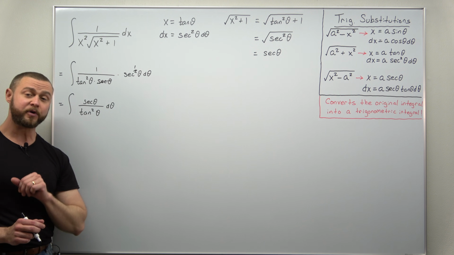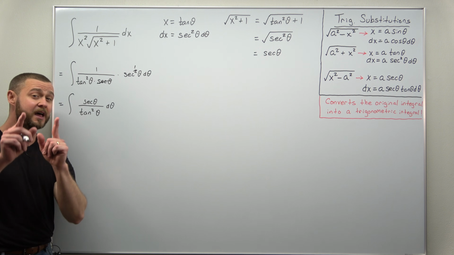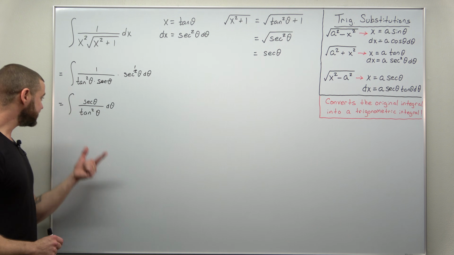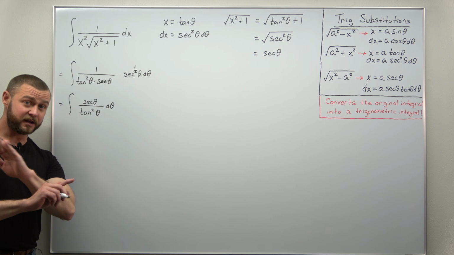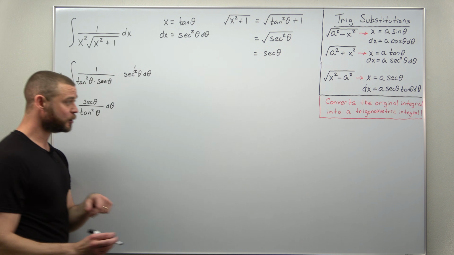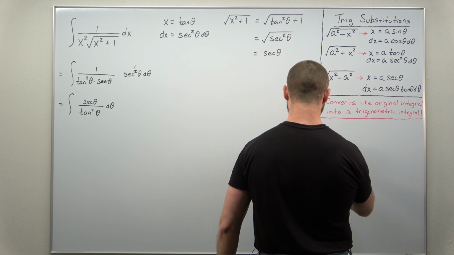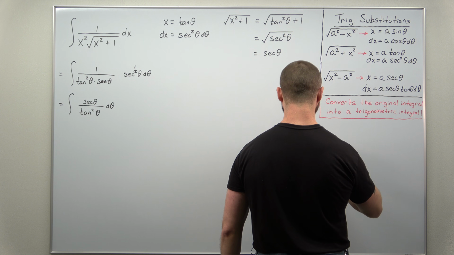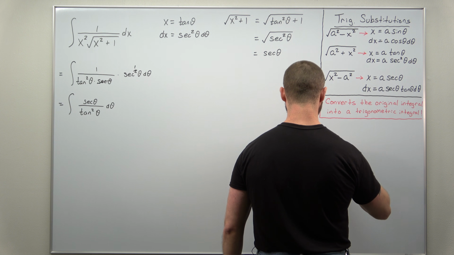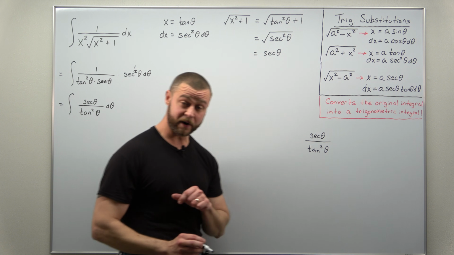And here, we can probably use a basic substitution after that. So let's go ahead and take secant theta divided by tangent squared theta and rewrite it entirely in terms of sines and cosines. All right, so we have secant of theta divided by tangent squared theta.